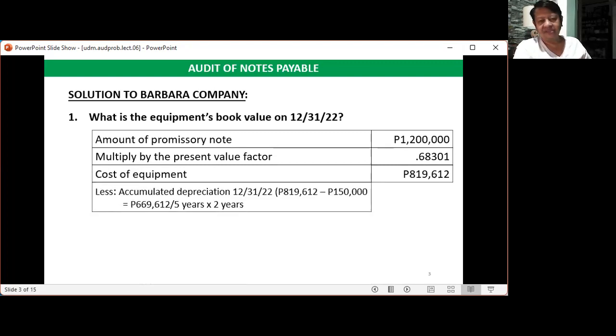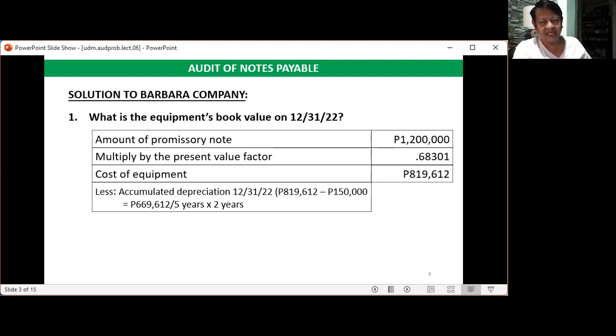And then we will deduct the accumulated depreciation. So we will use this amount, the cost of the equipment of 819,612. We will deduct from this amount the salvage value of 150,000 pesos. What is the logic why the salvage value is being deducted?